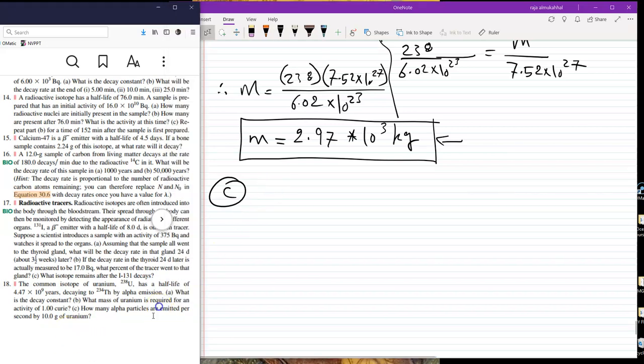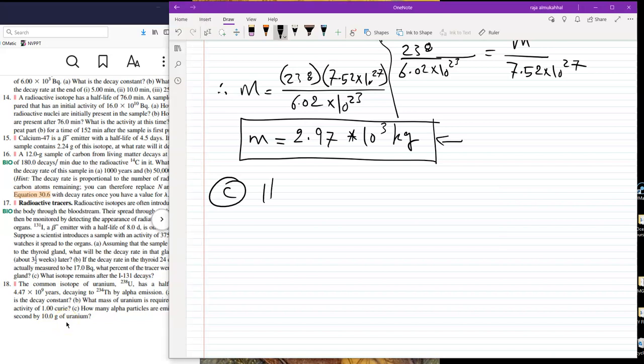And he said how many alpha particles are emitted per second, which is decay per second, by 10 grams of uranium. Well, first of all, you want to ask how many nuclei are in 10 grams.